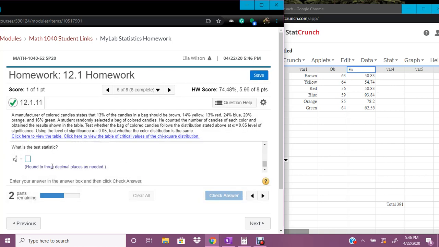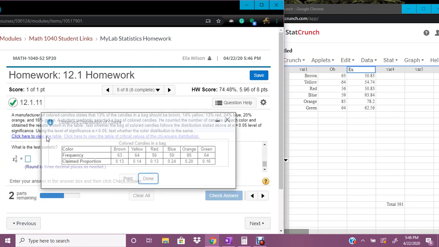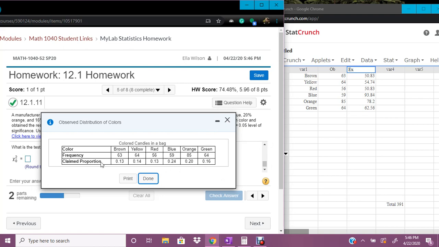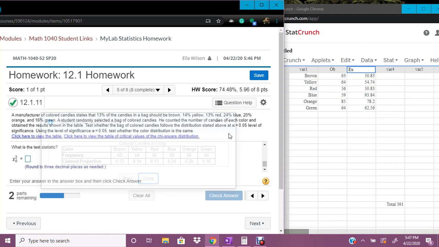Now when we find the test statistic, in other problems it'll usually give you your expected and observed both. You don't have to find it yourself, and you click on the blue little boxes that open it up in StatCrunch. But we typed it in StatCrunch because we need the data here.